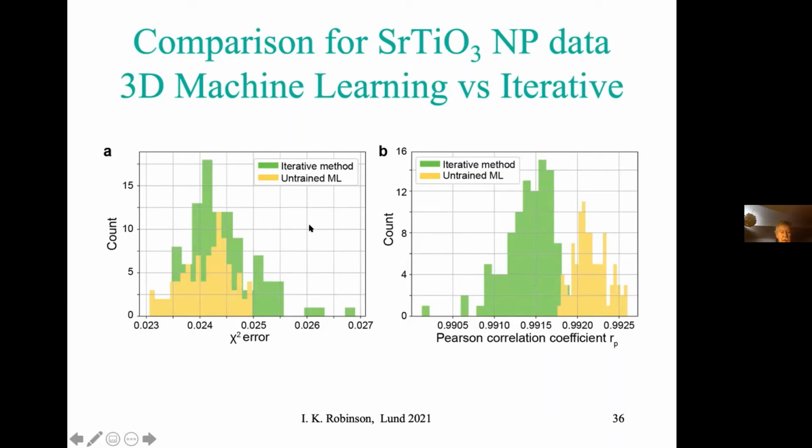In the case of the machine learning, we're actually driving it with the chi-square and the Pearson. And so that one, Pearson does come out a little bit better for the machine learning. But if you use a different shrink wrap threshold, then the number for the iterative is going to change. So it's for illustration. We're not claiming one is better than the other at this stage.